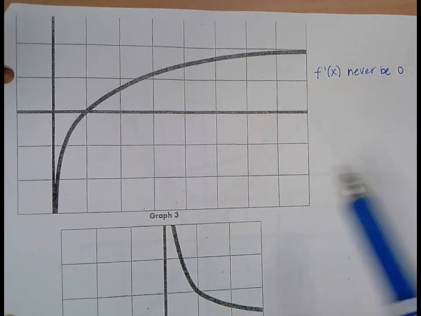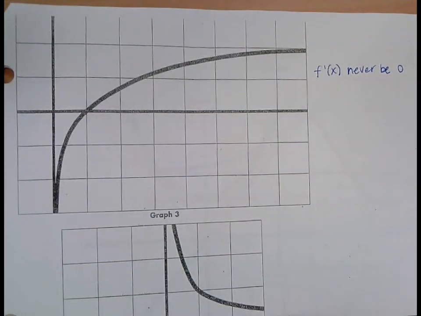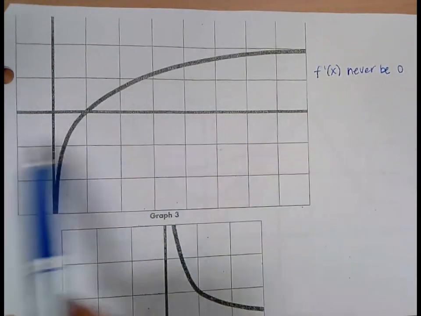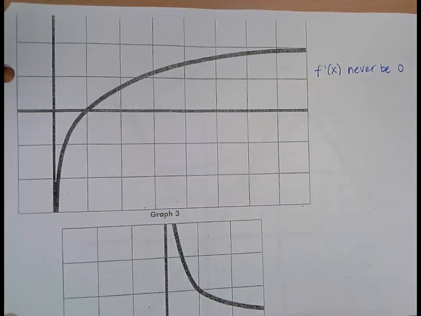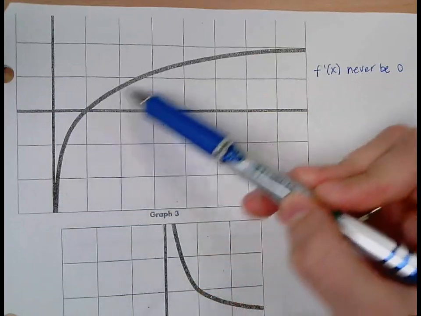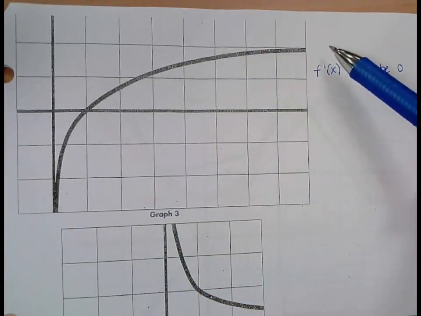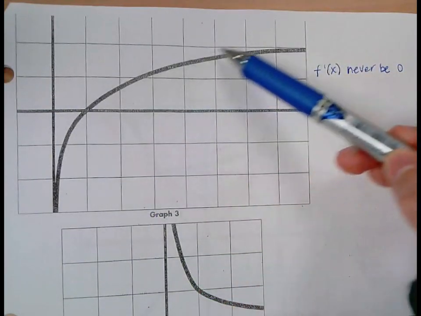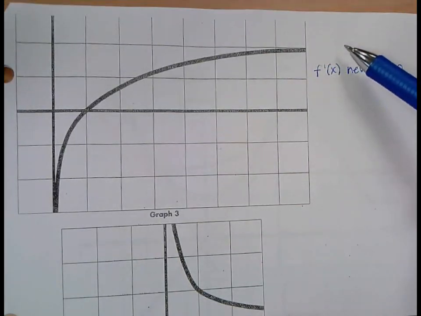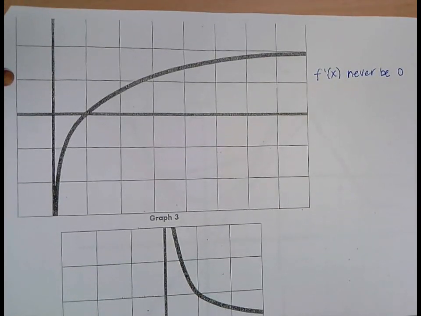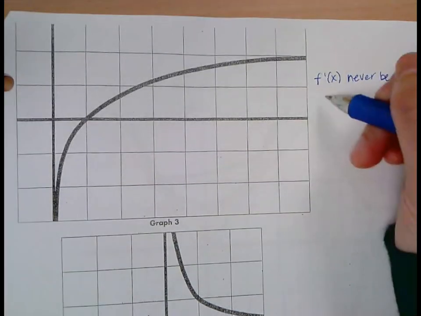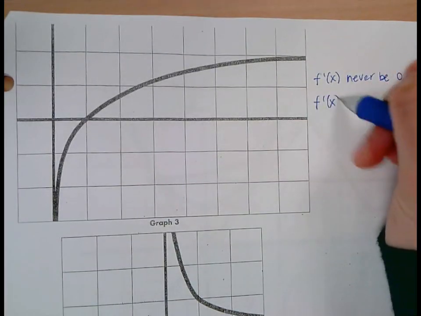It's Friday. Okay, so f prime of x is never going to cross the x-axis. f of x is always increasing. This curve is increasing on its entire domain. What does that tell us about f prime if f is always increasing? f prime is always positive.